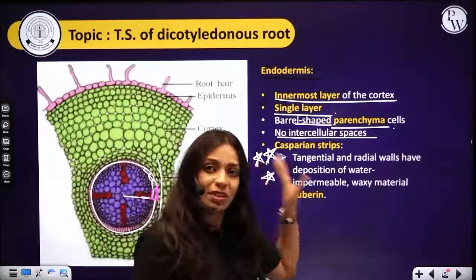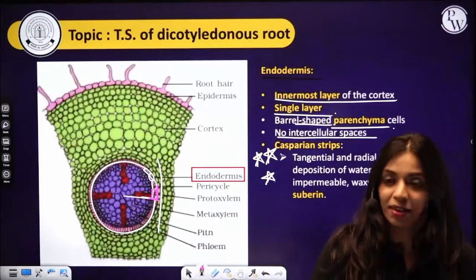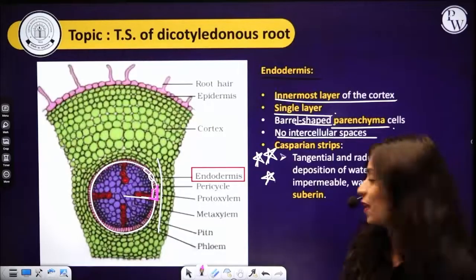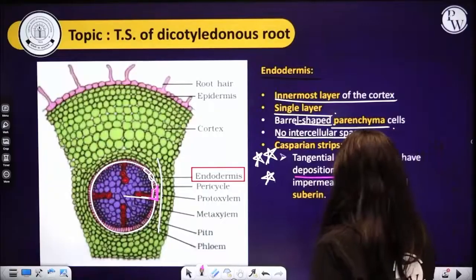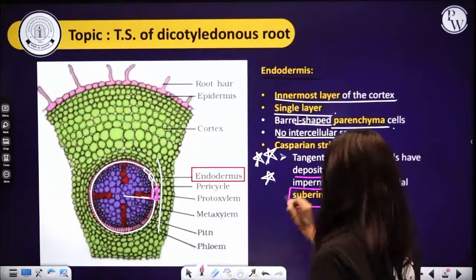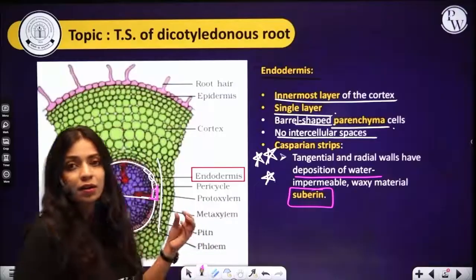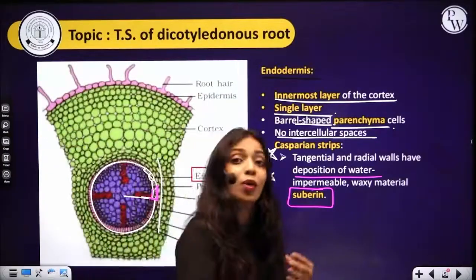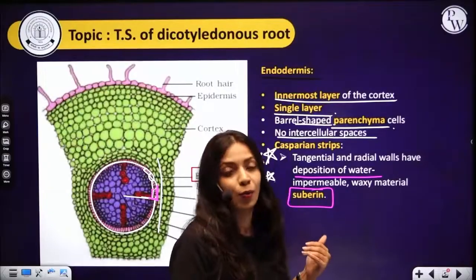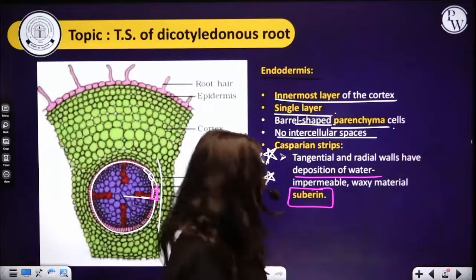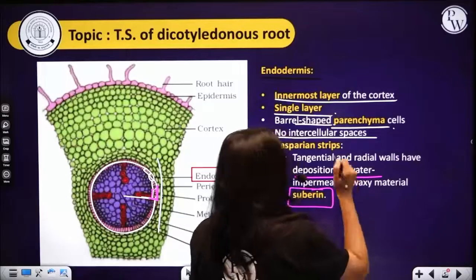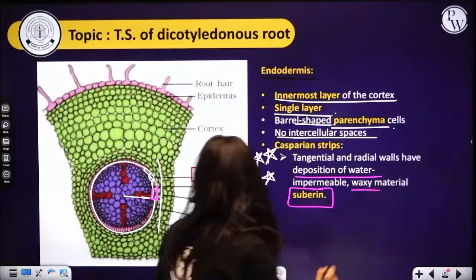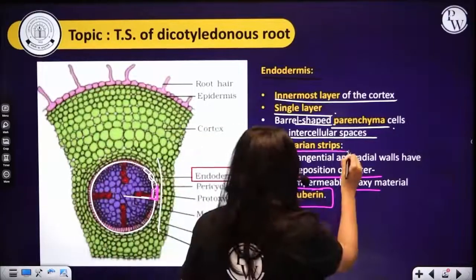In endodermal cells of the root specifically, in the radial as well as the tangential walls, you can find deposition of a substance called suberin. This suberin is impervious to water. It will not allow water to pass through it. It will not allow water to be transported through it. Okay, so there's a deposition of a water impermeable material called suberin, which is waxy in nature. Those are referred to as Casparian strips.